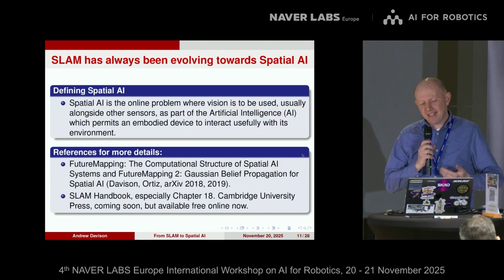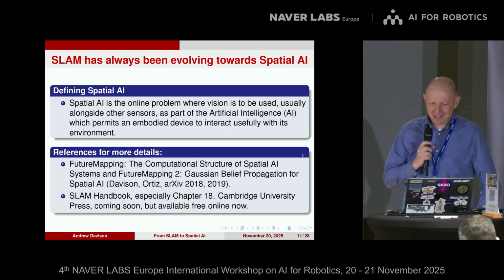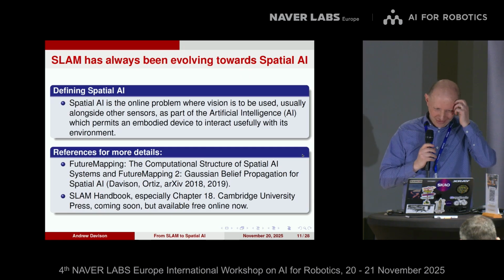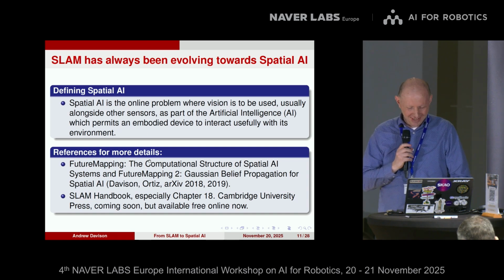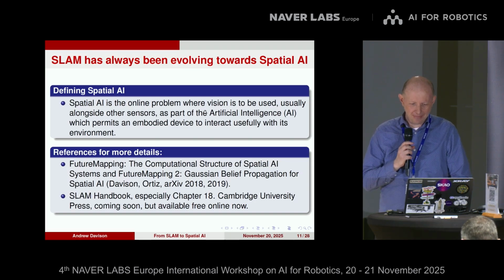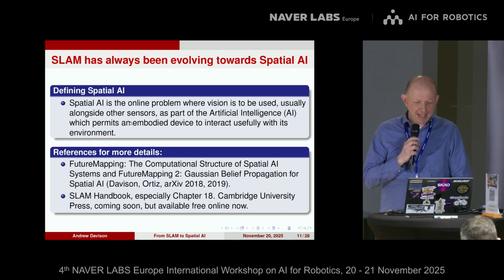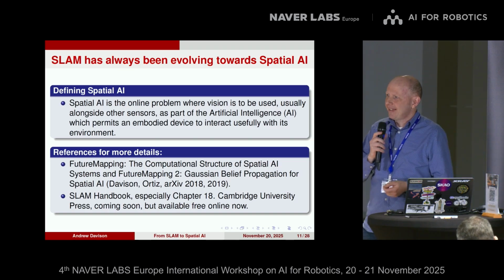So that gets me onto this kind of argument. I called my talk From SLAM to Spatial AI. Where are we with all of that? What does spatial AI mean? My definition, when I first started using this term in this paper from 2018, I defined spatial AI as the online problem where vision is to be used, usually alongside other sensors, as part of the AI which permits an embodied device to interact usefully with its environment.